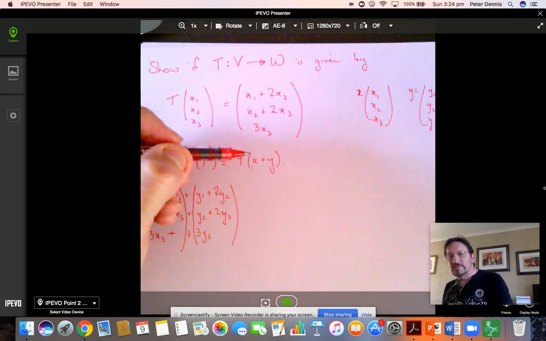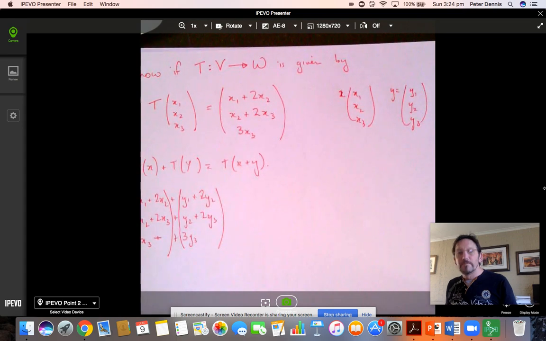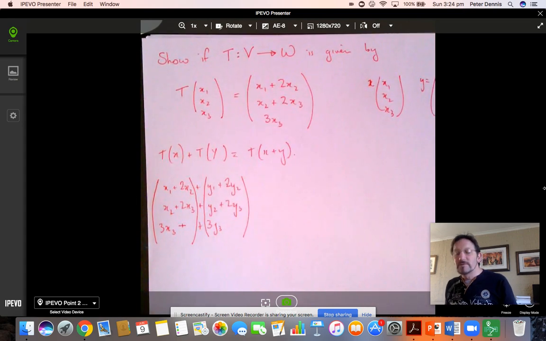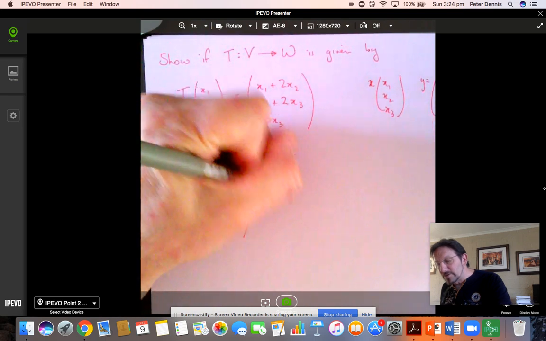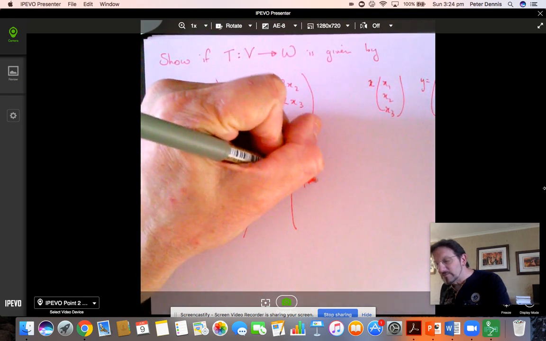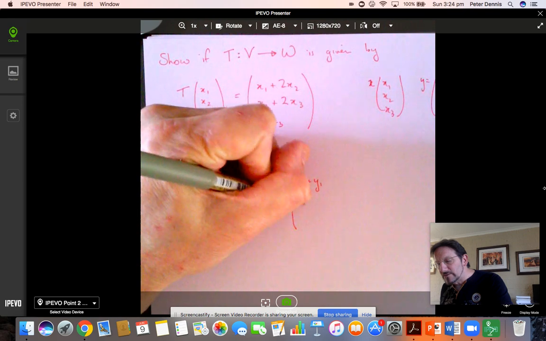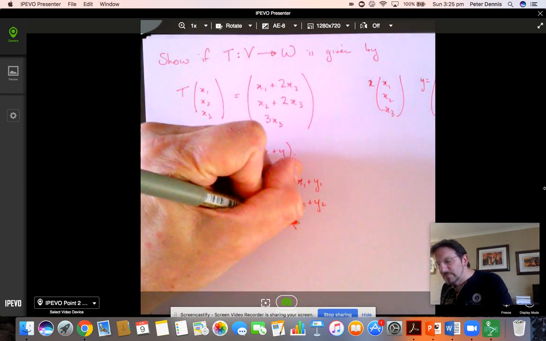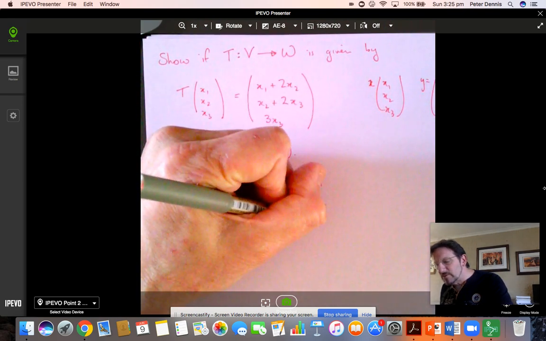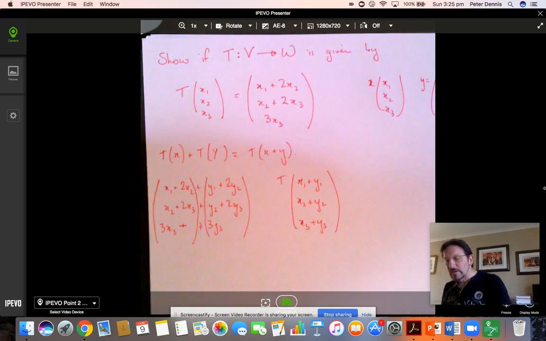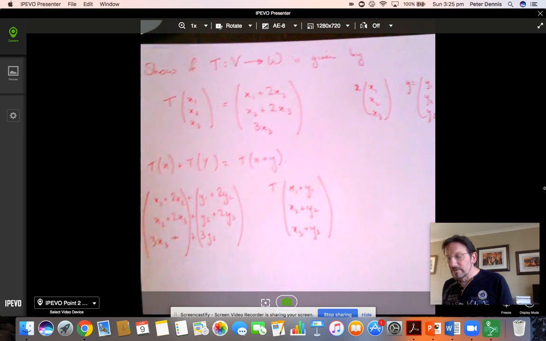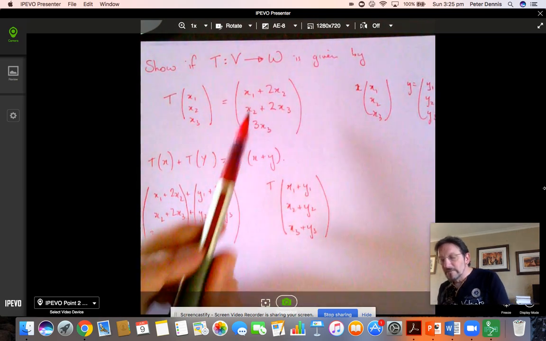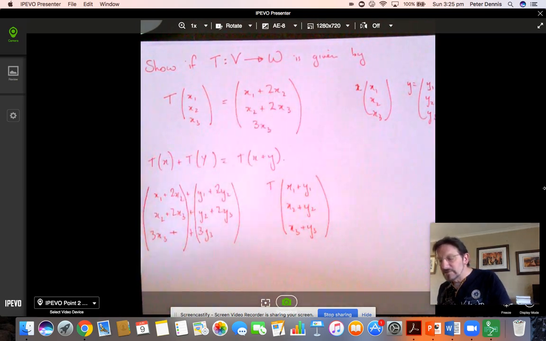If we look at this side, what we're going to have is the transformation of x1 plus y1, x2 plus y2, x3 plus y3. Okay, so when we look at the transformation of this, the first one becomes x1 plus 2x2.